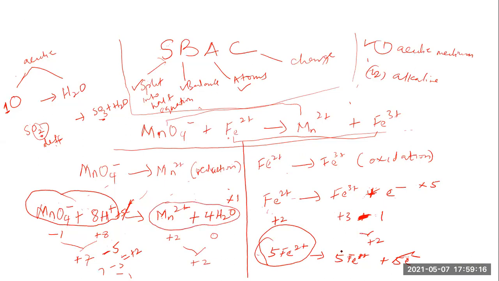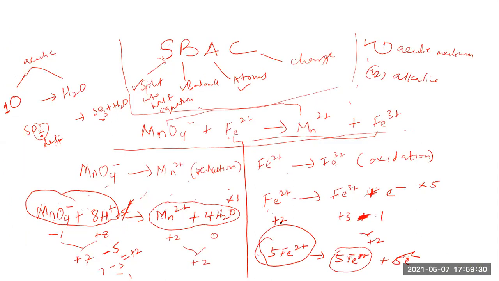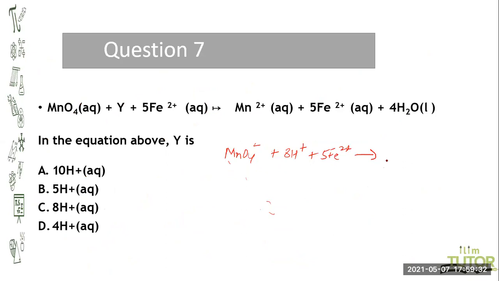Now we have cancelled out that electron. So let's put it together. So this is Mn2+, 5Fe3+, 4H2O. Because we could balance that.